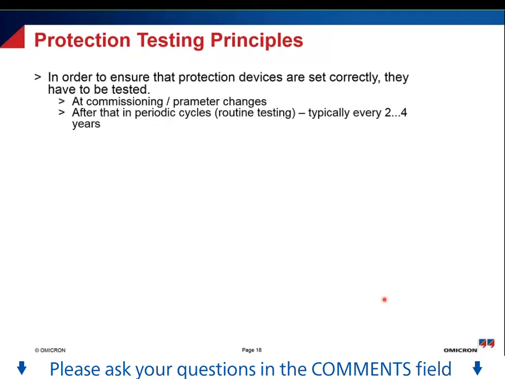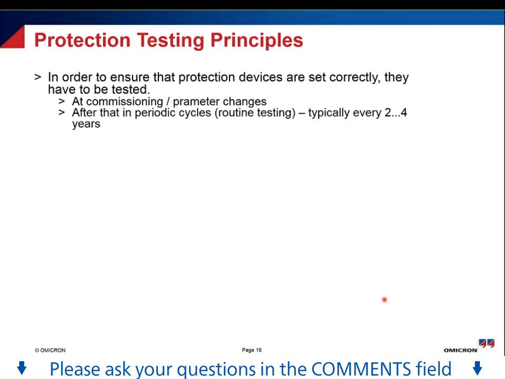Because there are very, very high requirements on protection devices. If they are mounted in a network, they have to be there for several years, for example, without doing anything. They must not do anything. But when there is a fault, they must react very fast, within a few milliseconds.